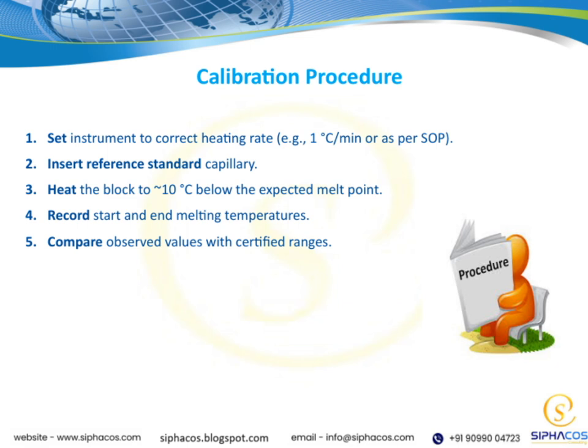This step is crucial because it allows you to observe the melting process without overshooting. As the sample heats, record the start and end melting temperatures. These are the key data points that tell you how your instrument is performing. Finally, compare these observed values with the certified ranges provided for your standard. This comparison helps verify the accuracy of your instrument and ensures reliable results for your samples.